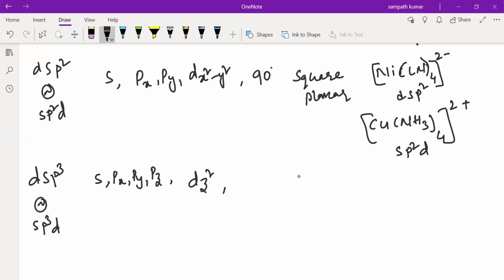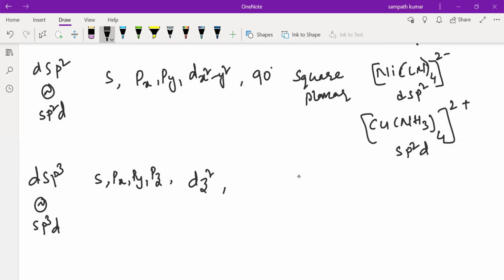Axial. Is dx square minus y square planar or axial? Axial, sir. Square means double dumbbell: one dumbbell present in the x-axis, another in the y-axis.